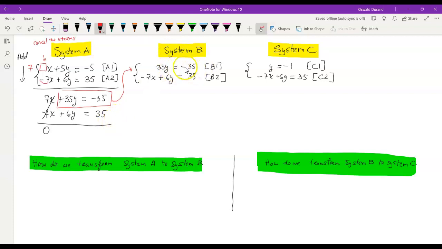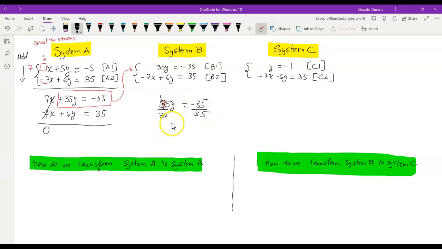Now, system B to system C, the second equation is the same. But how do we get from 35y equal to negative 35 to y equal to negative 1? That's quite simple, because now this is just a simple equation, 35y equal to negative 35. All you have to do is divide by 35.